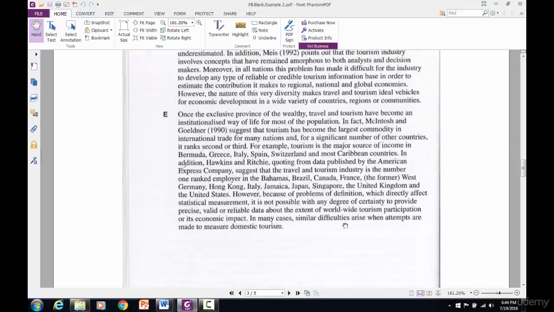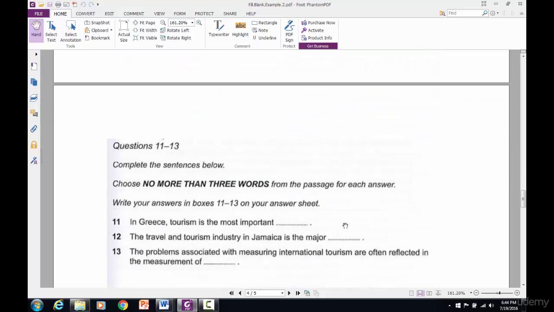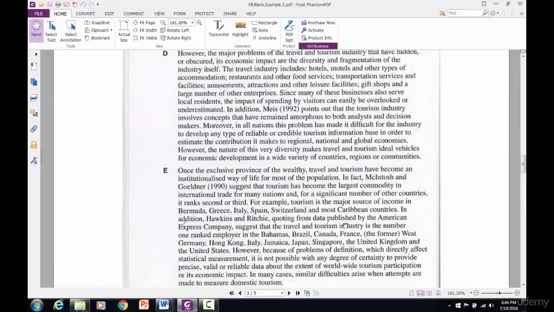We're looking for language connected to major. Here it says number one ranked employer. Number one ranked is a synonym for saying major. So our answer is employer.